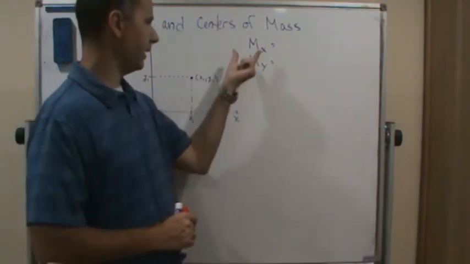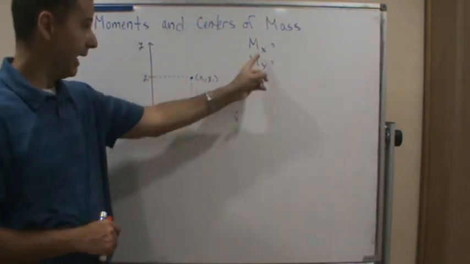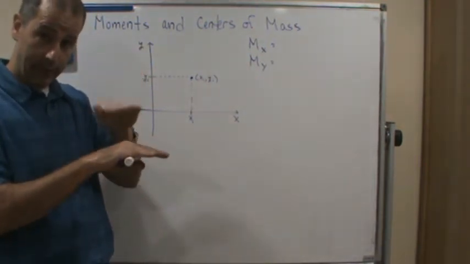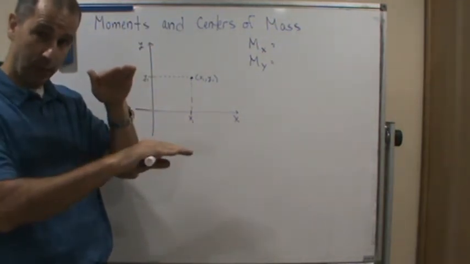If I'm doing my moment with respect to the x-axis, that means that's my reference point. That means I'm going to figure out my distance with the x-axis as my reference point.